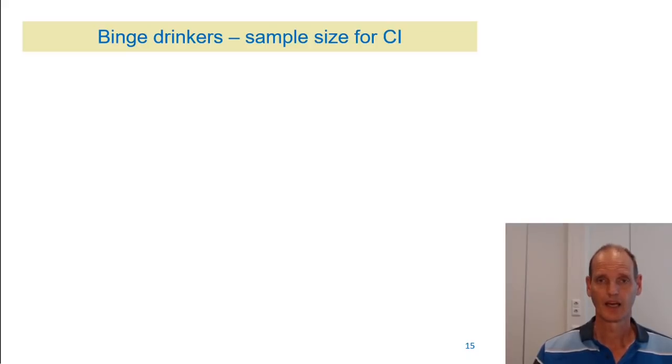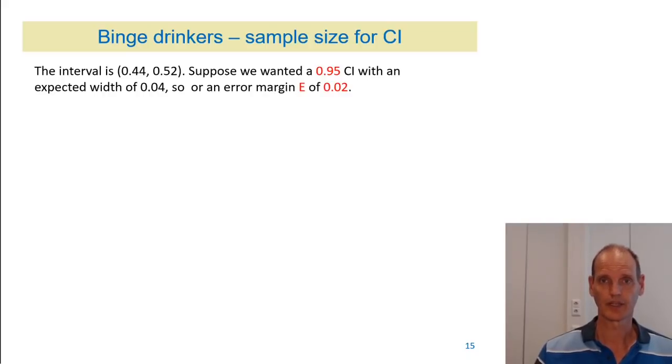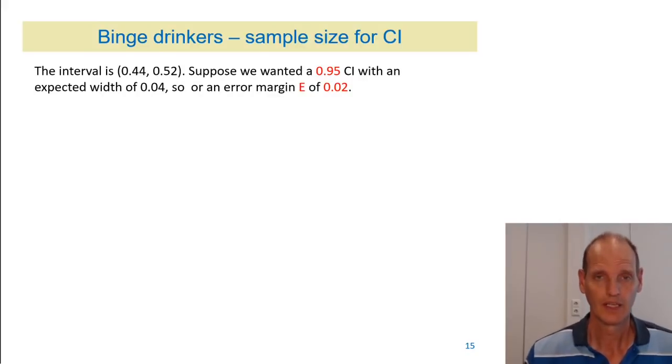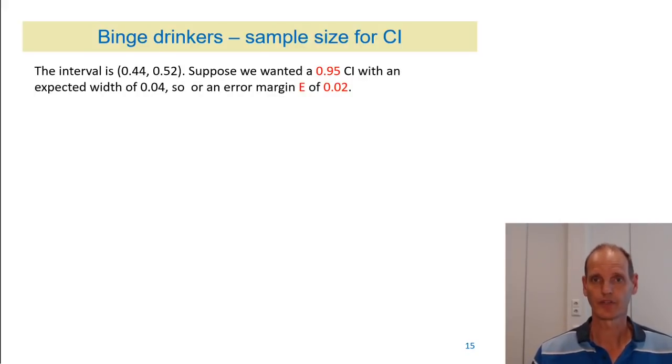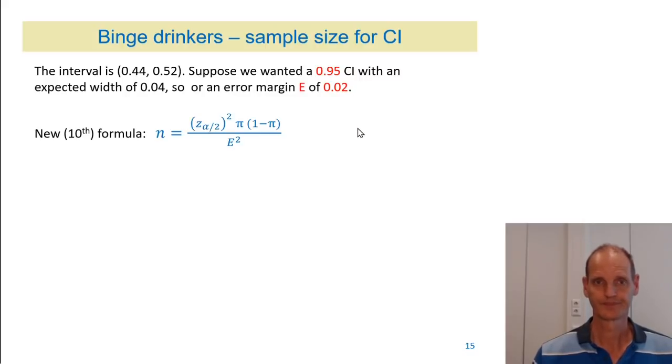Then, how to calculate the number of observations required for a certain precision criterion. Suppose we wanted a 95% confidence interval with an expected width of 0.04. So the error margin should be 0.02 at most.